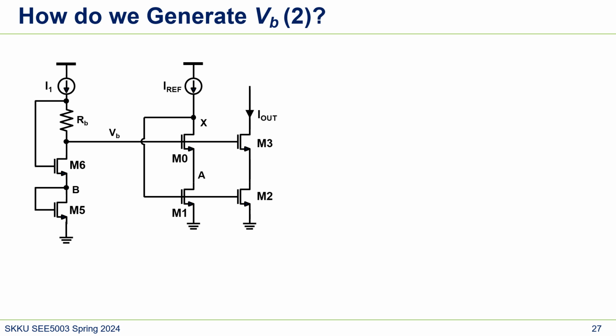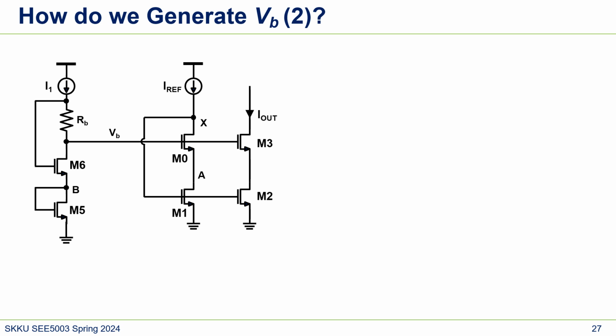Here's a second way to generate VB, by using this circuit. You note that we're using a resistor again, and we discussed that using a resistor to generate some voltage is not good because of PVT variation, but this case is a little bit different. I will explain why later, but let's just start. So what VB should be, well, let's start from VA.